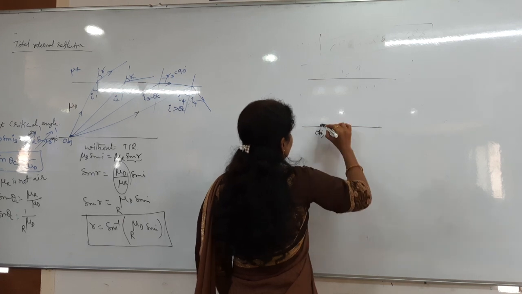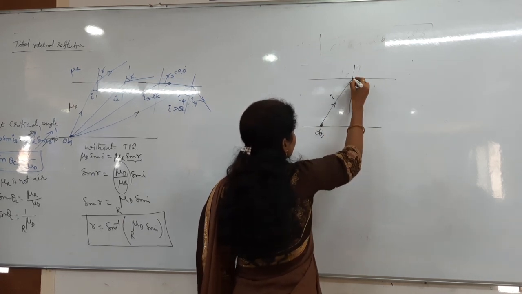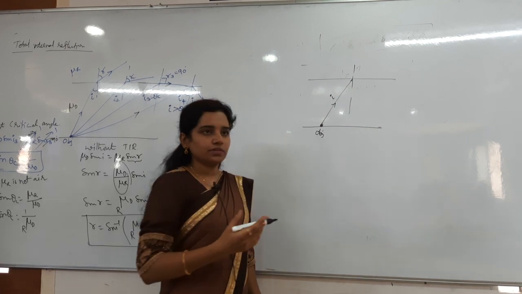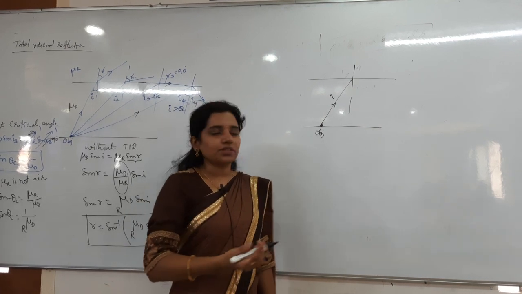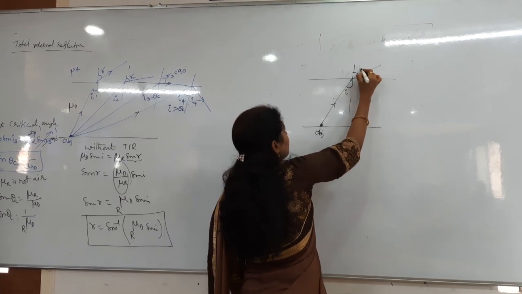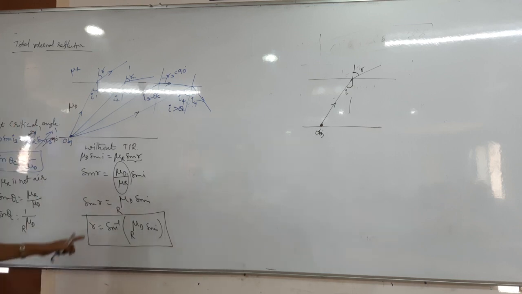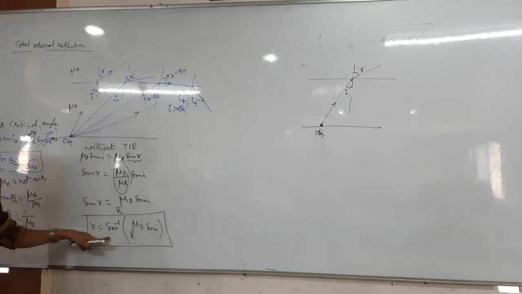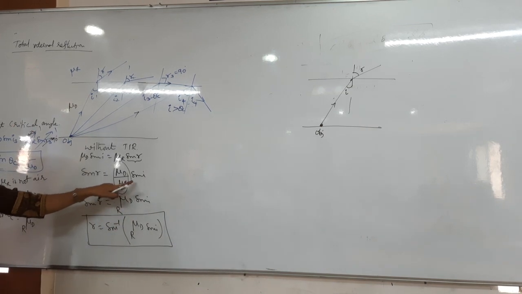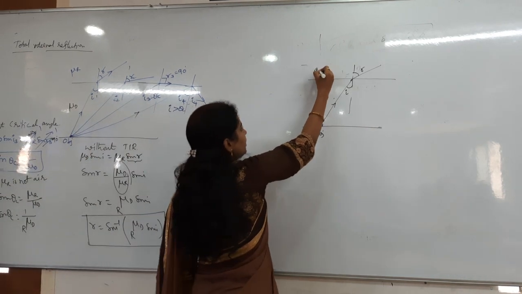In the first case, whenever the angle of incidence is less than the critical angle, what happens? As usual, only refraction. So this is the angle of incidence I, and this is the angle of refraction R. We already got the formula: R is equal to sin inverse of mu d by mu r into sin I. For example, let us consider this is the air medium.